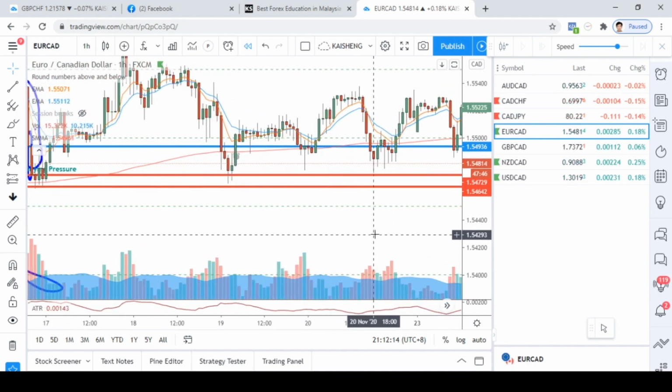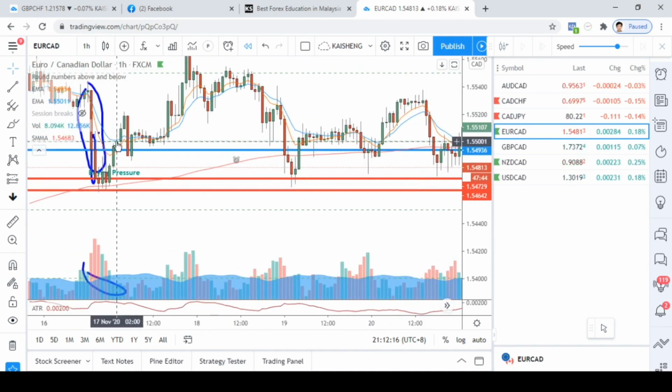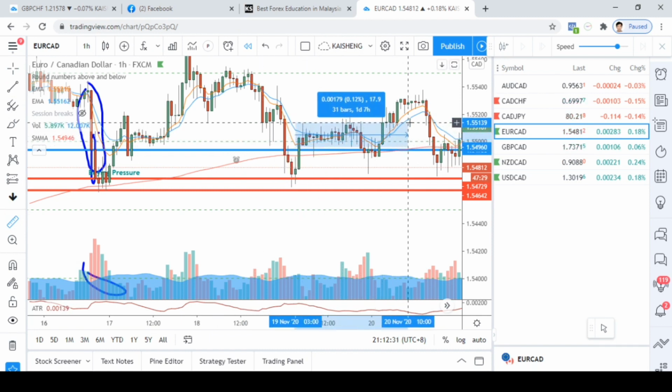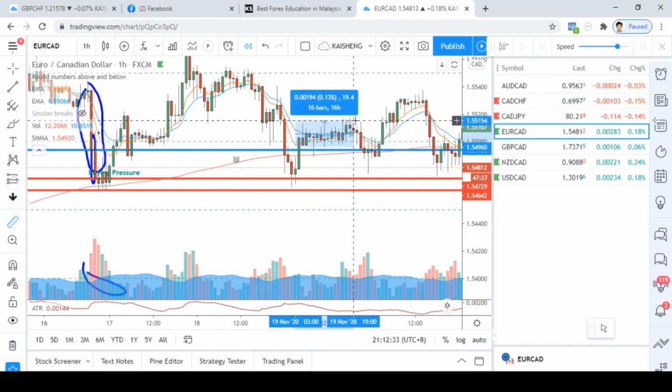So every time in the future when the price comes back to this level, you can see when the price goes back above the level, then you can do a buy. You can do a buy from here, go back to this level, then you can get this one. You can just get 19-20 pips only.